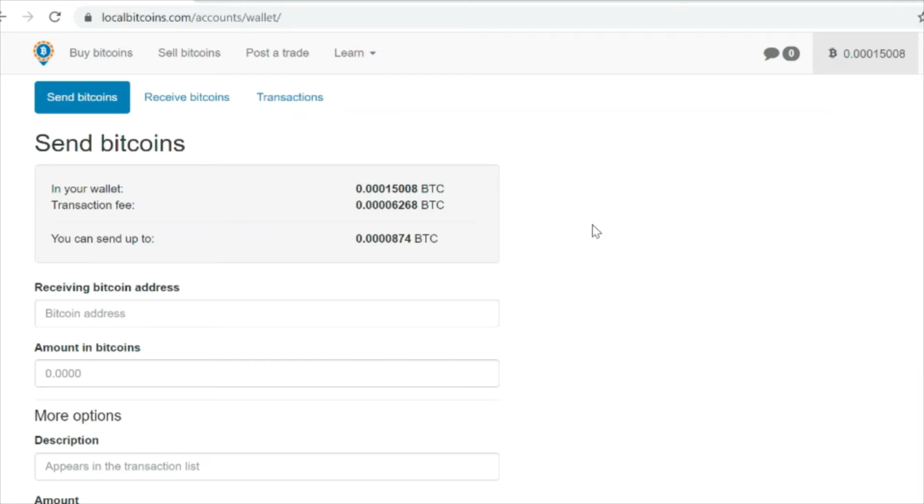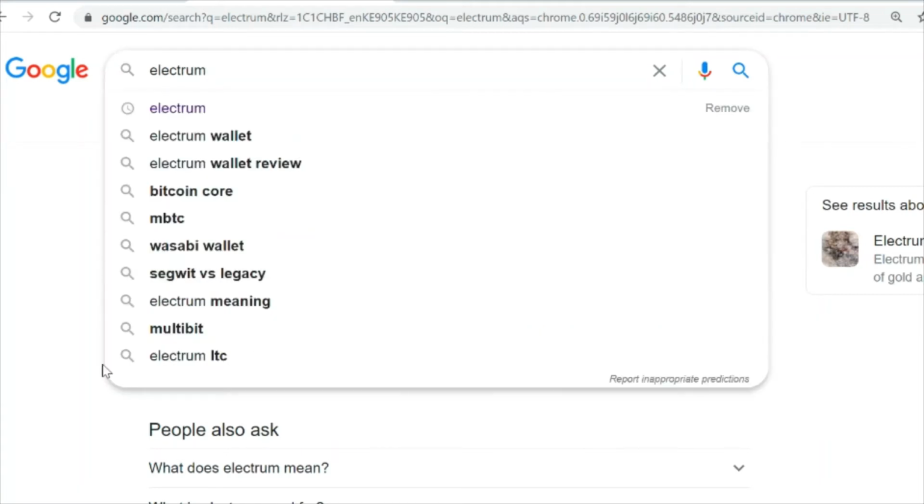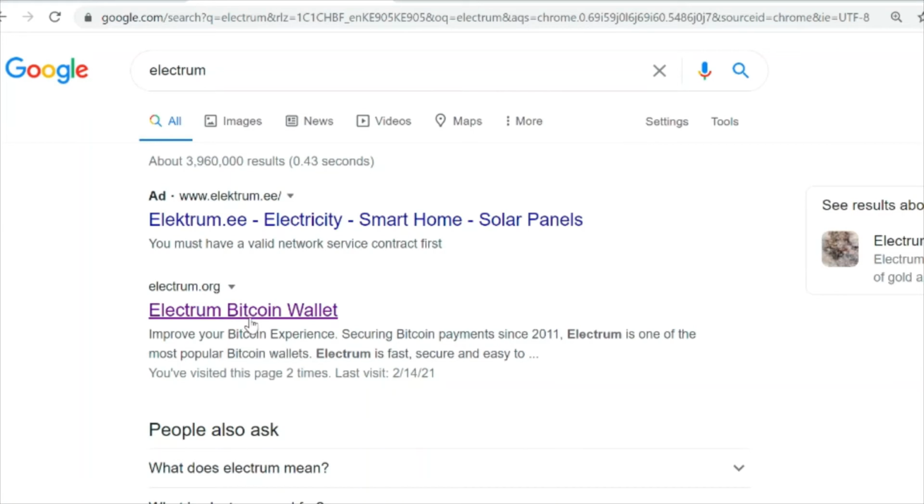One of the common wallets that are used to store Bitcoins is called Electrum. So if you search Electrum in your browser, you find the Electrum Bitcoin wallet.